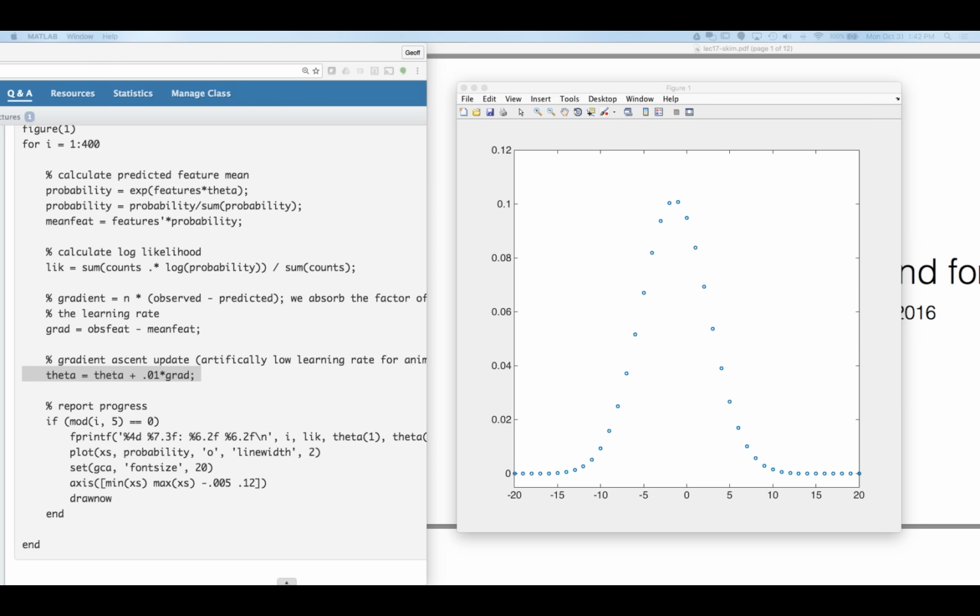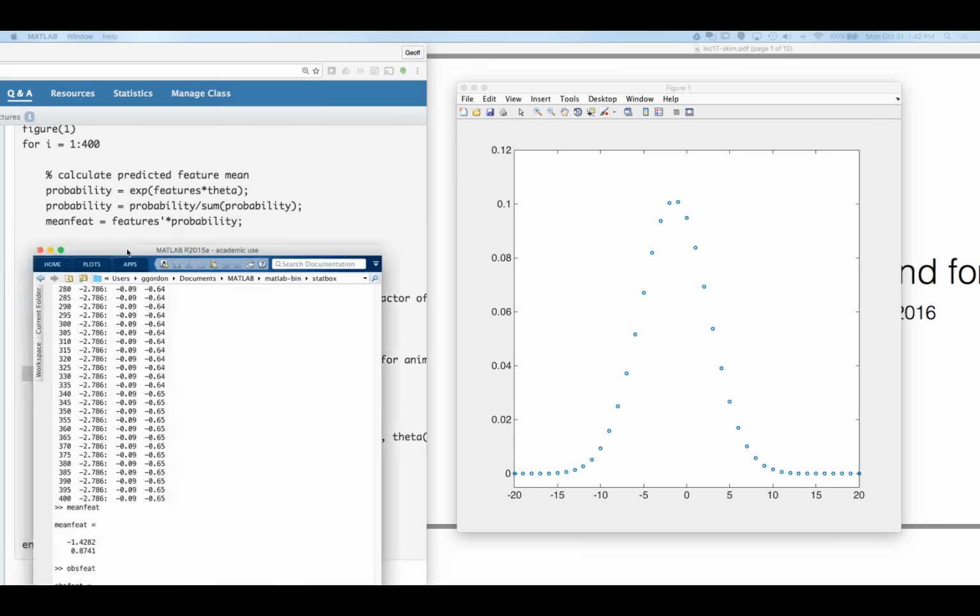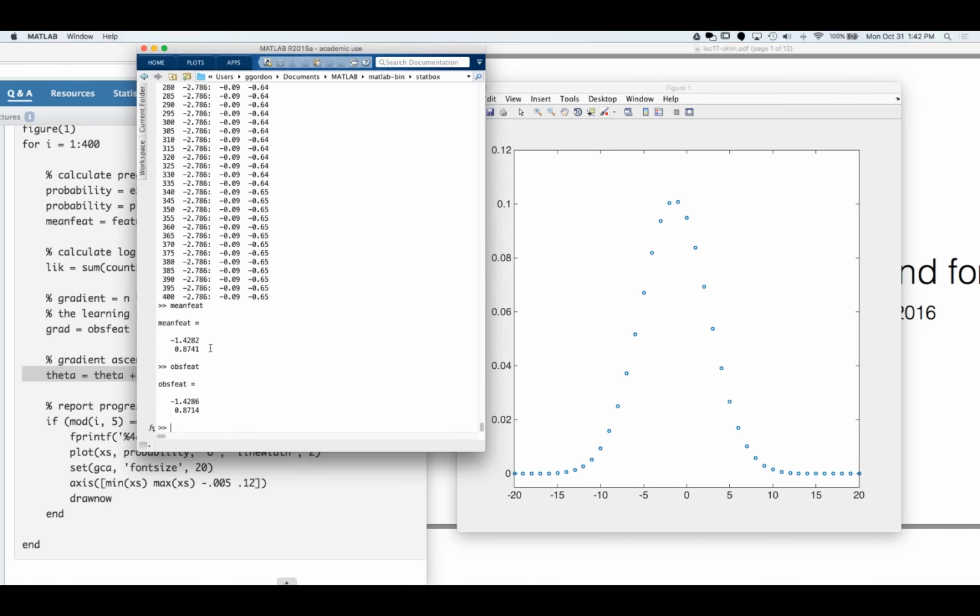And so if you, let me bring this back here, right? If I print out what the observed value of the features is, right? It's the average of x is minus 1.43, and the average value of x squared over 20 is 0.87.